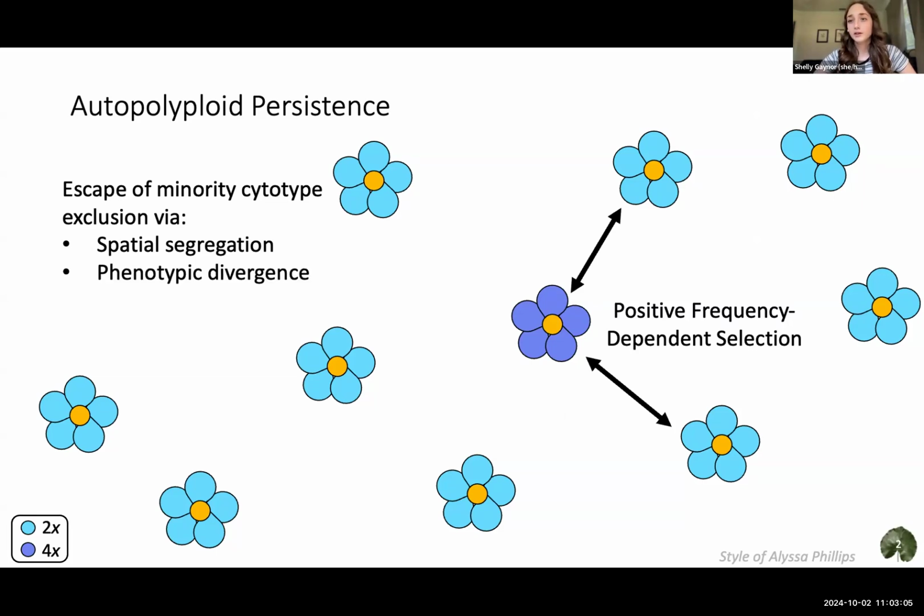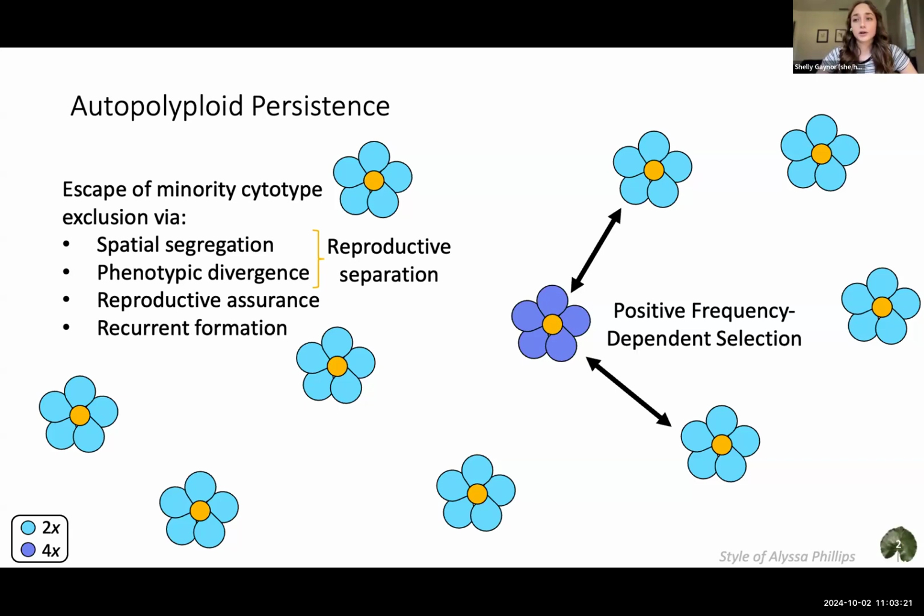Alternatively, you could have phenotypic divergence, so shifts in flowering time per se, and both of these are thought to be mechanisms of reproductive separation. Another way to escape minority cytotype exclusion is through reproductive assurance, through asexual reproduction. And lastly, recurrent formation is thought to assist in escape from minority cytotype exclusion.